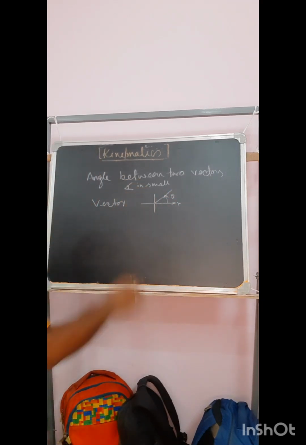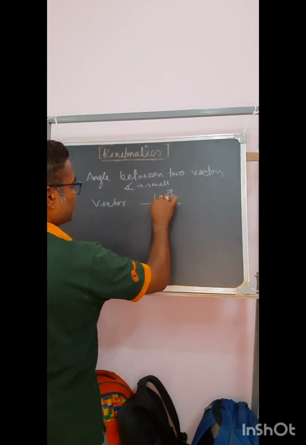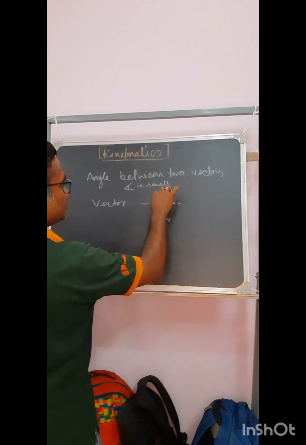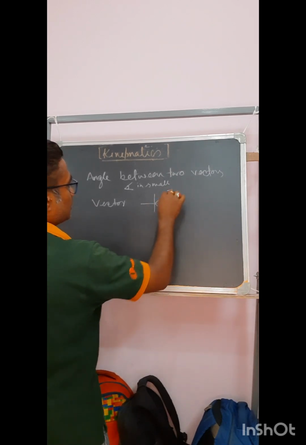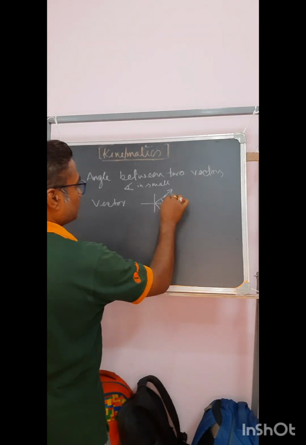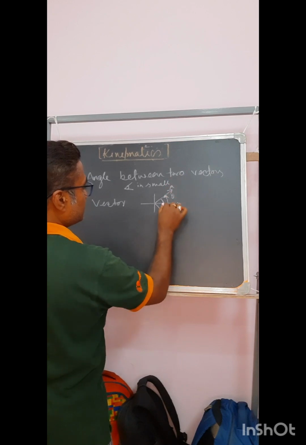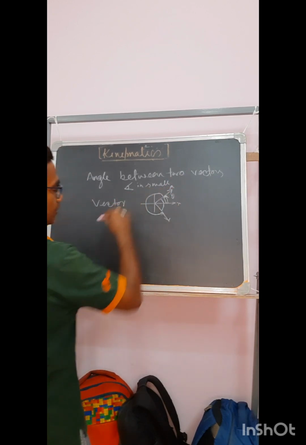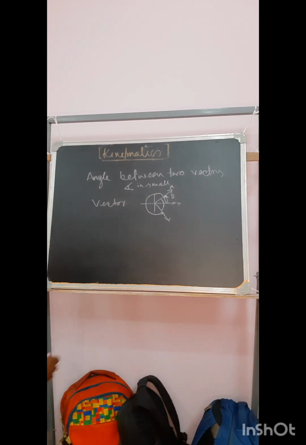These two things should not be confused. If there are two vectors, the angle between the vectors is this angle, and the vector angle with the positive x-axis for vector A is this one, and for B is this one, anti-clockwise. This is the difference between these two terms.